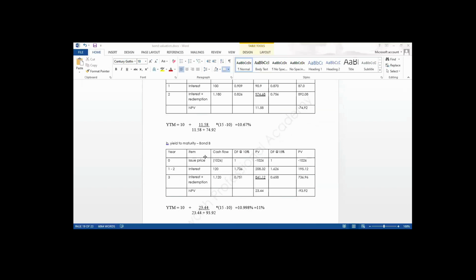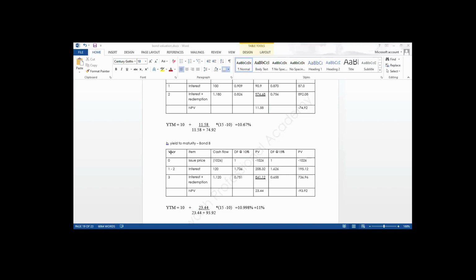In year 0, issue price 1,026. Year 1 to 2, annual interest 120. Year 3 only, annual interest plus redemption, that is 1,020.